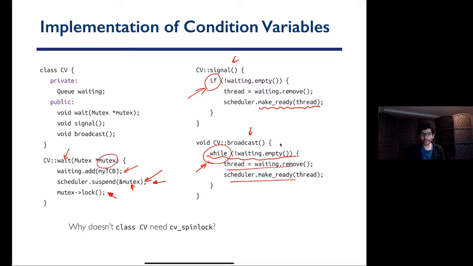That's why I told you that you always have to lock the mutex when you call wait, signal, and broadcast, because their implementation assumes that these functions are going to be called inside your critical section. So the mutual exclusion is assumed in the implementation. Therefore, the programmer that wants to use these has to ensure that they have locked the mutex, so they're inside their critical section when they call these functions.